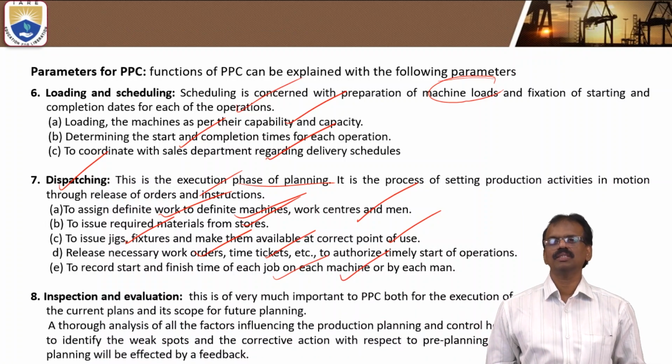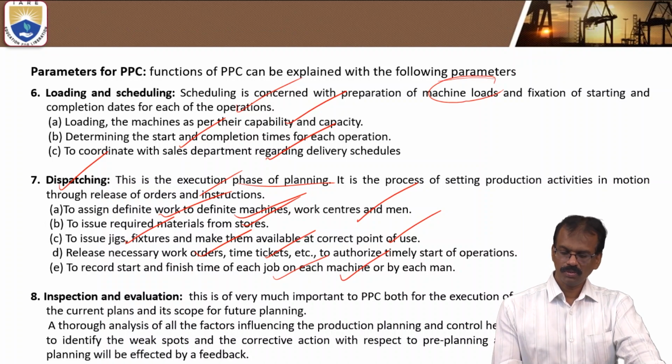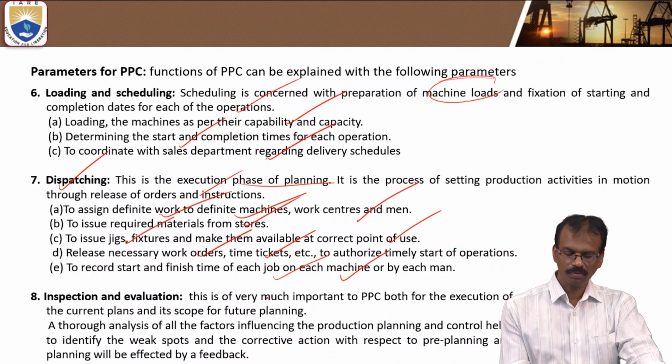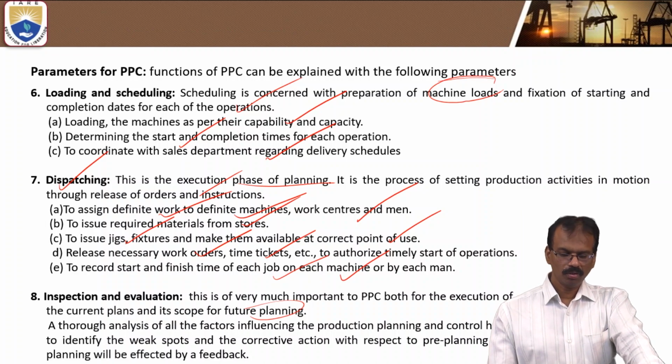Next, the last one is inspection and evaluation. So inspection and evaluation are very important, because of the evaluation of the current plans and its scope for the future plan. So it means a thorough analysis of all factors influencing the production planning and control.